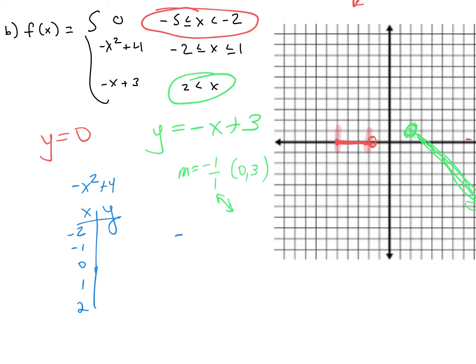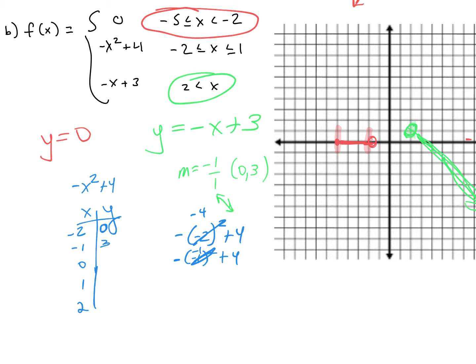So I have negative, then I'm plugging in -2 squared plus 4. What is -2 squared? 4. So then -4 plus 4 gives me what? 0. Hold on. Okay, now I'm going to plug in -1. So I have -1 squared plus 4. Well, what's -1 squared? 1. So then I have -1 plus 4 gives me 3.